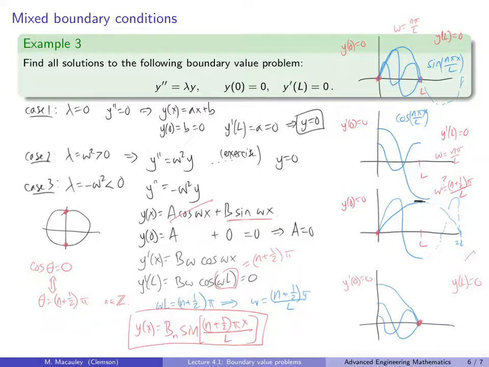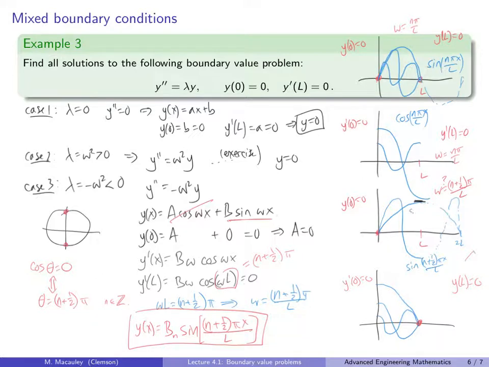Okay, so is there anything else I want to say about this? So this holds for n positive or negative. Let's write out what this is. In general, it's sine of n plus 1/2 pi x over L, but this fundamental one up here with the longest period, what is that?